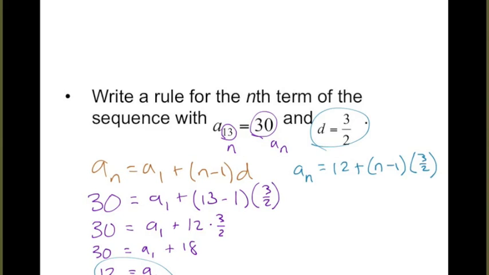Where'd you get the a sub 1? That was what we solved by plugging in the 30 for the nth term and 13 for the value of n. We can solve that through and find what a sub 1 is, and then we want to use that in our formula. So we're going to distribute.